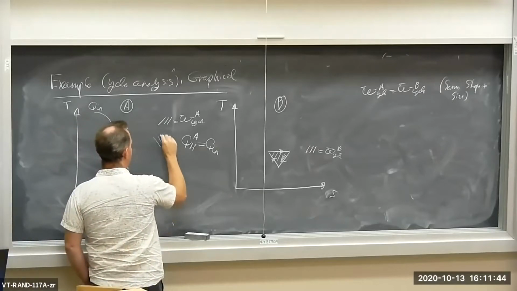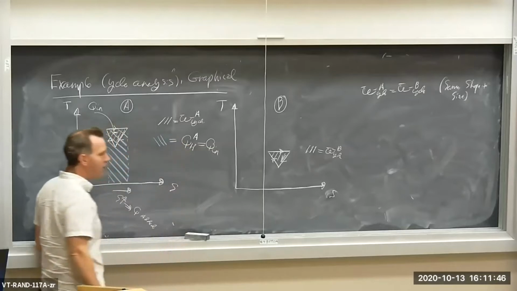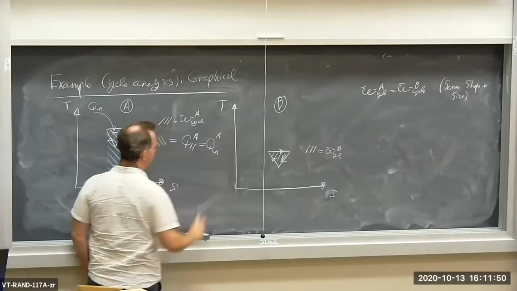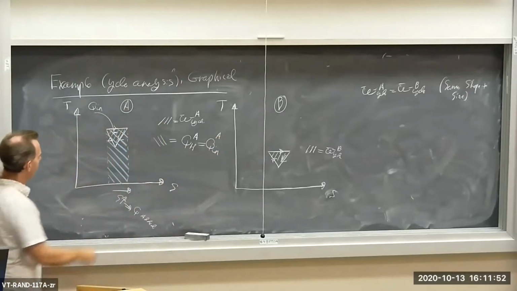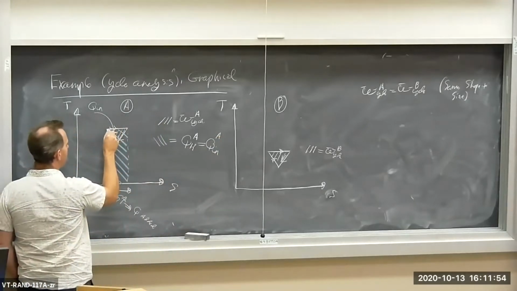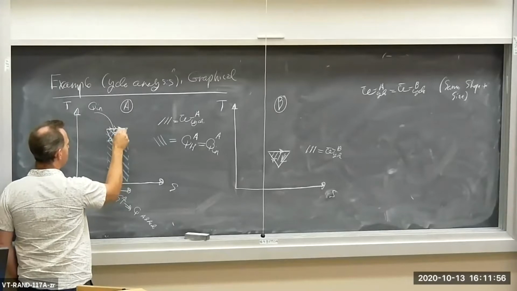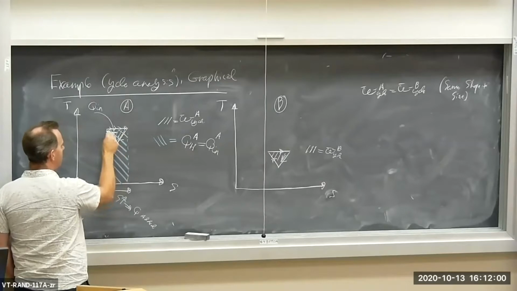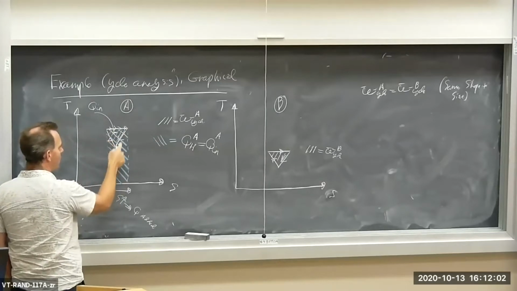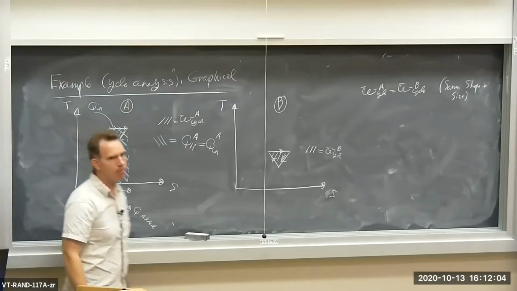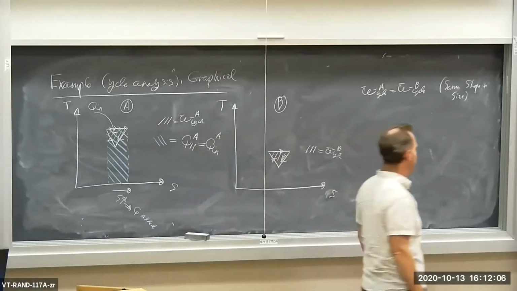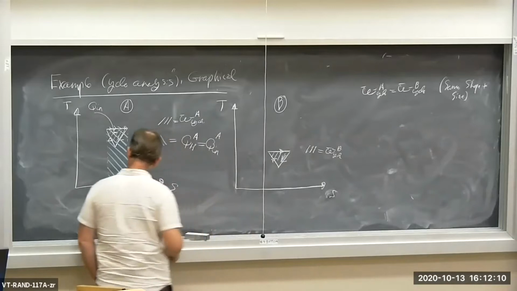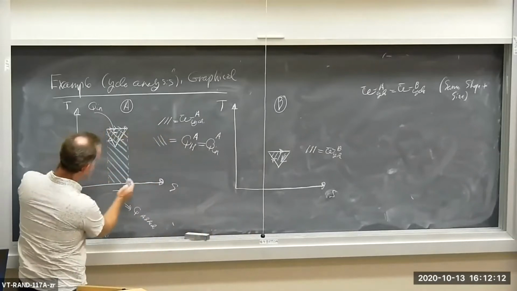So this blue area represents my Q in or my Q high, if you like, for cycle A. Okay, because entropy is increasing from this point to this point. Everywhere else, from here to here and from here to here, it's declining. So the heat rejection is the area underneath the bottom part of the cycle. Heat addition occurs at the top. Okay, so I got a pretty big area.